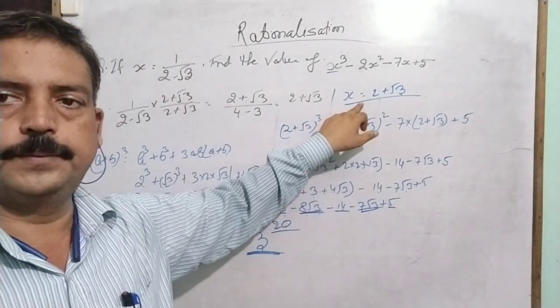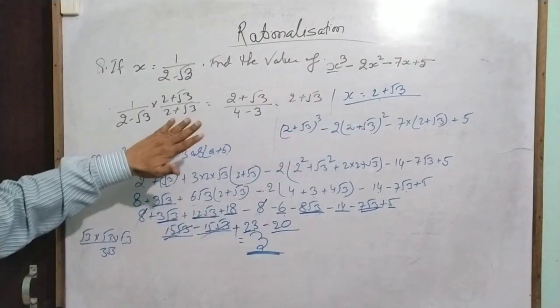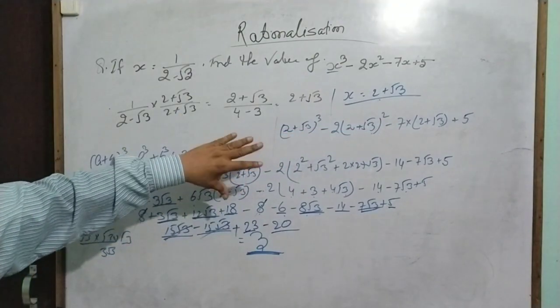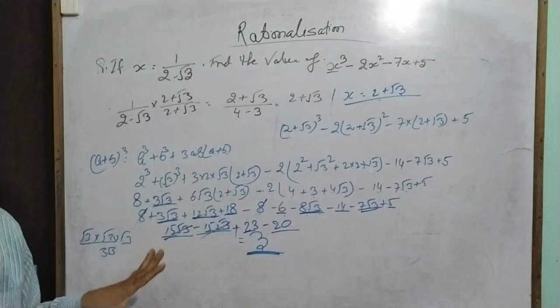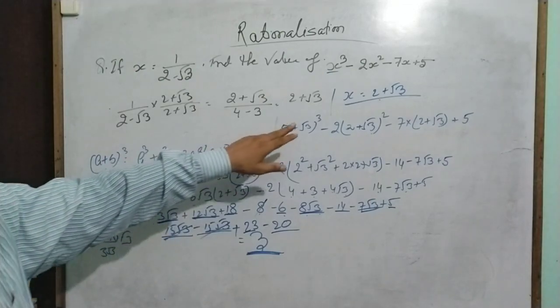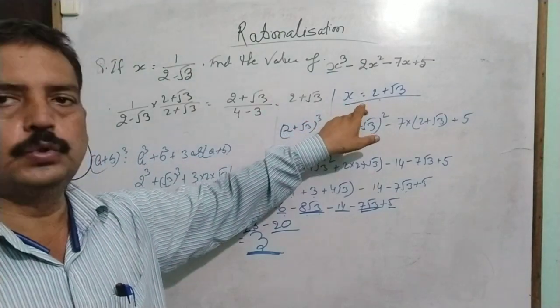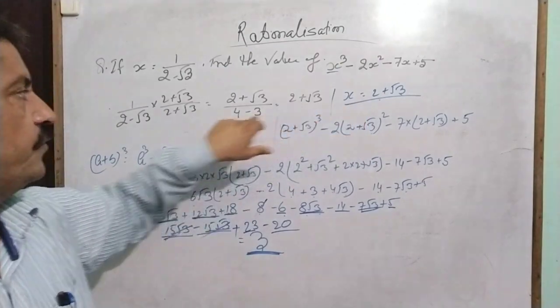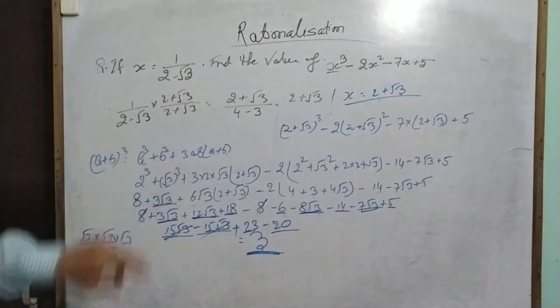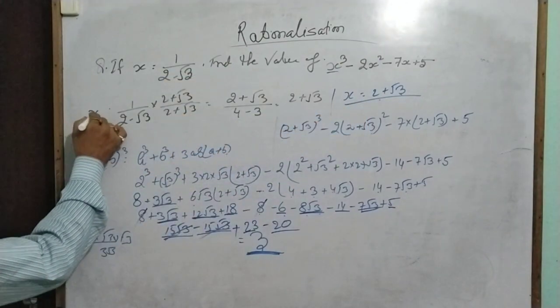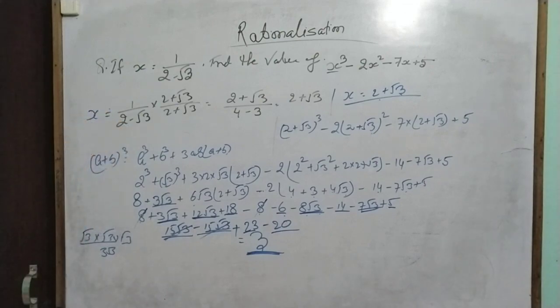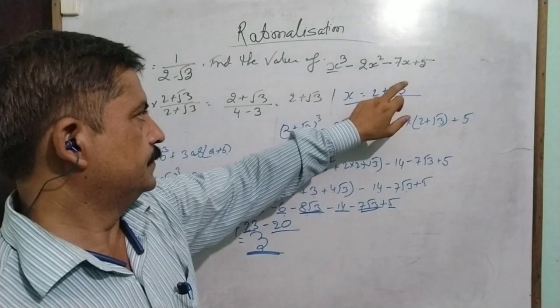Due to some problems, your video was discontinued, so after the merging, maybe something is overlapping. So again I will discuss how to solve this type of question. First of all, find the value of x. So x is equal to 2 plus √3.